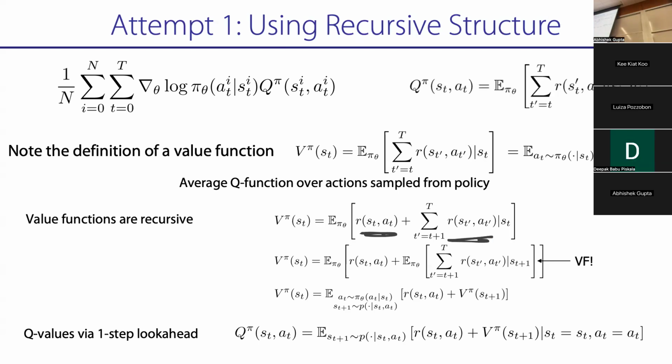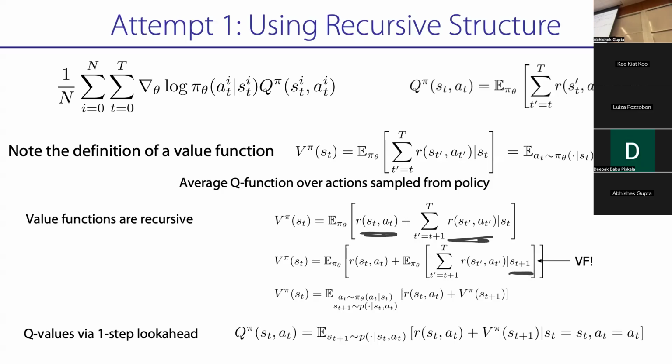The first step is just the first step, and then you have an expectation of all the stuff in the future, from ST plus 1 onwards. I'm essentially going to take the sum of rewards starting from ST plus 1 to the future.